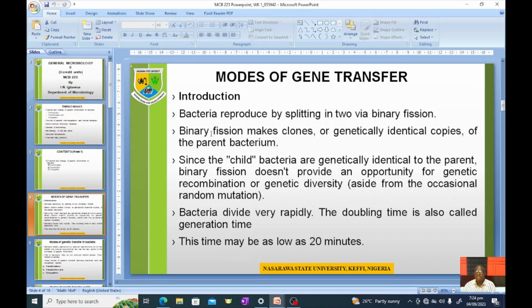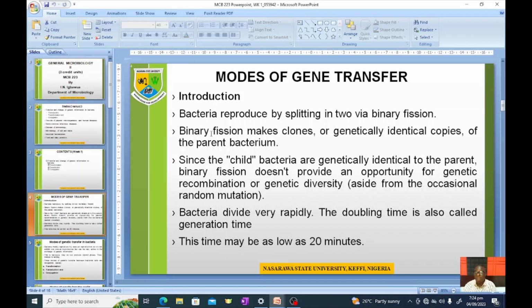Since the child bacterium, that is the one that is produced, is genetically identical to the parent, binary fission does not produce an opportunity for genetic recombination or genetic diversity, aside from the occasional random mutation that may be observed.